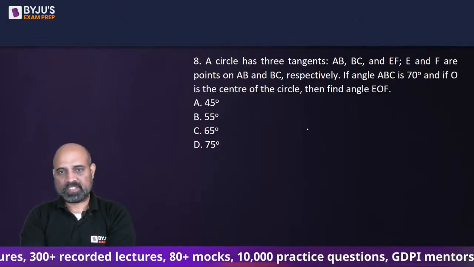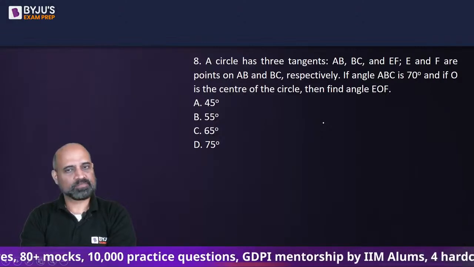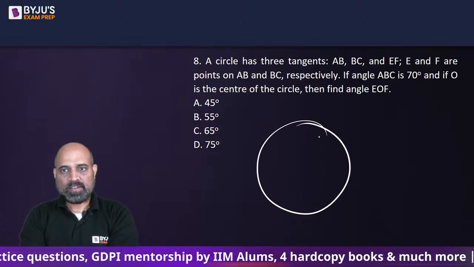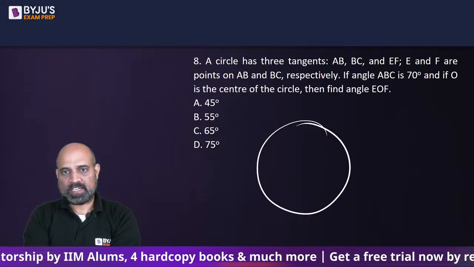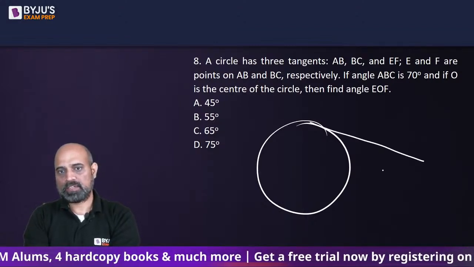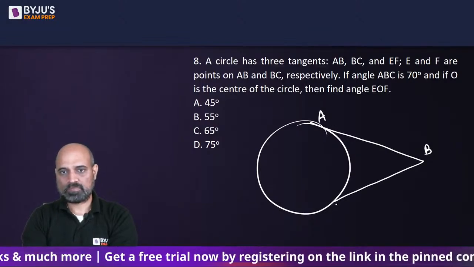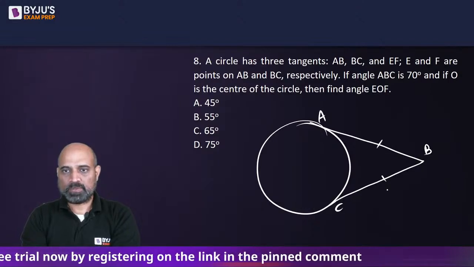Let's see. A circle has three tangents. E and F are points on AB and BC. If angle ABC, okay, this will be doable. We have three tangents. One is from B to A and then B to C. Okay. So obviously they both are equal.